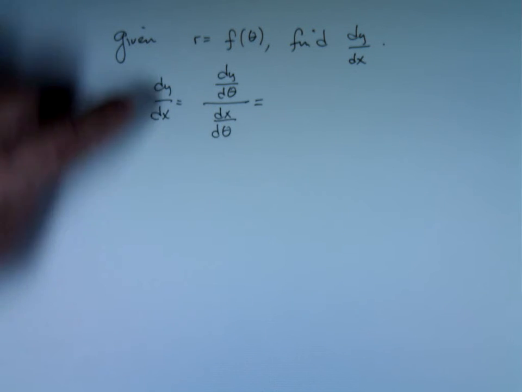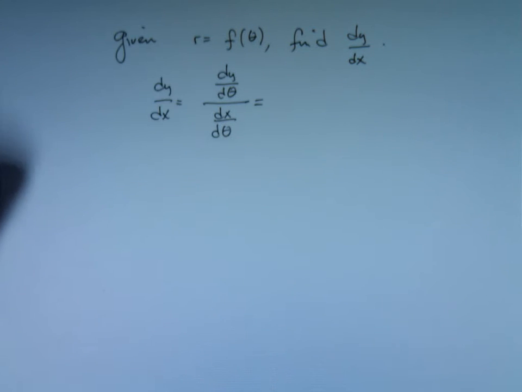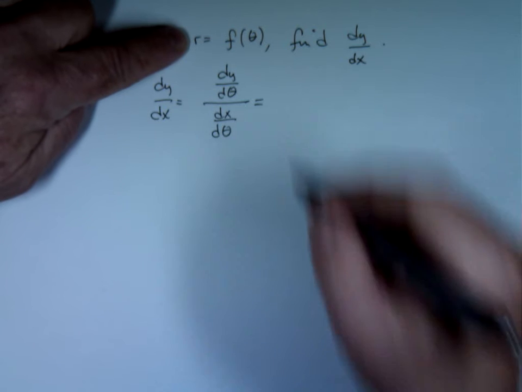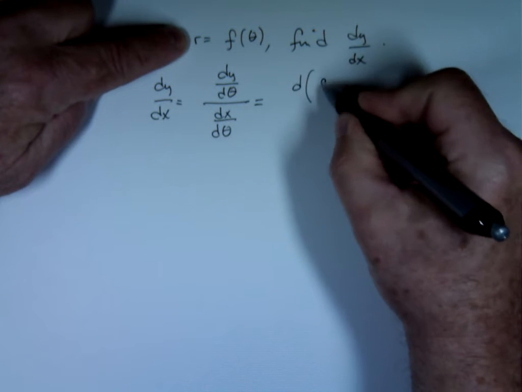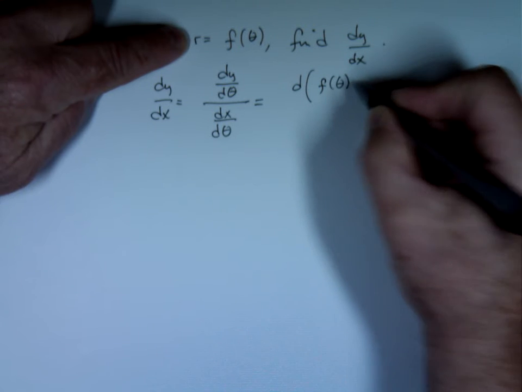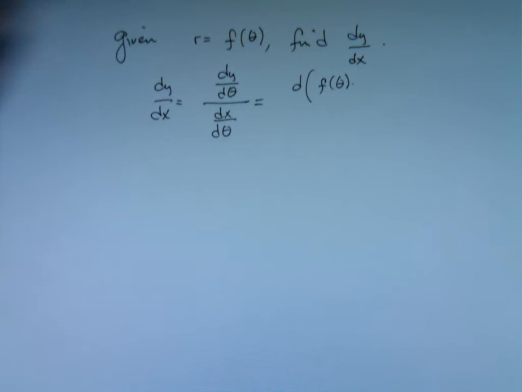But what is y equal to? y is equal to r sine theta. And here's r, so what we have to do is take the derivative of r. But how do we know it's equal to r sine theta? Because that was changing from polar coordinates to rectangular coordinates. x equals r cosine theta, and y is equal to r sine theta.